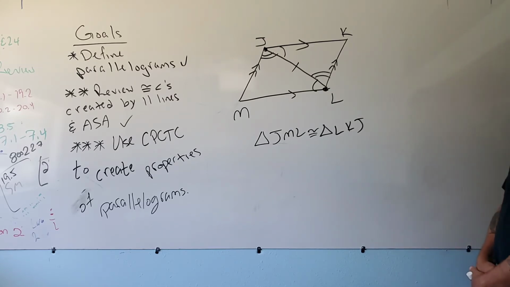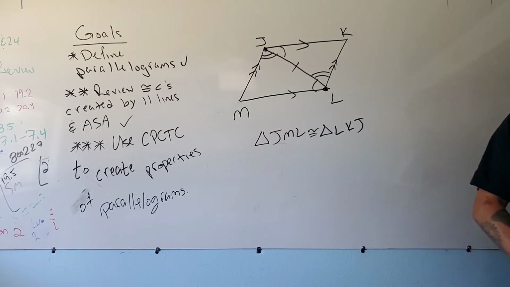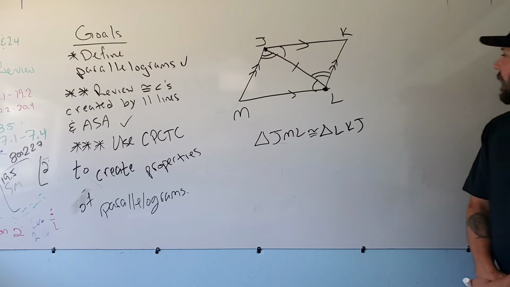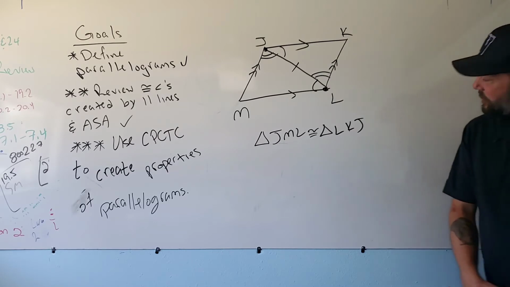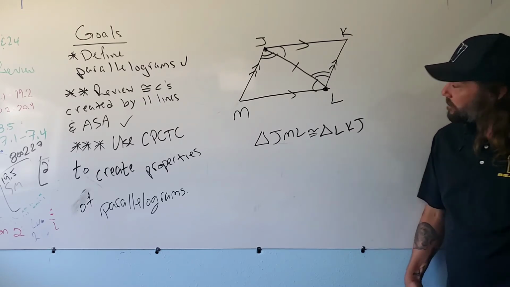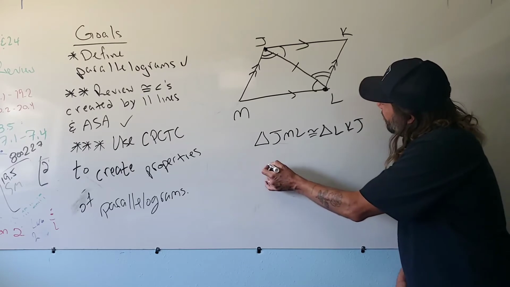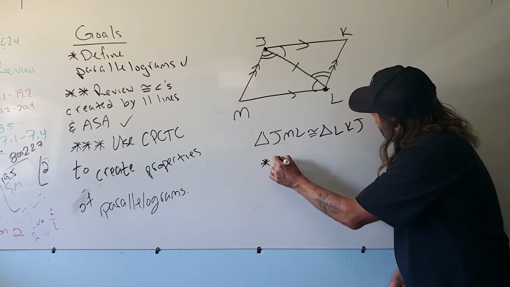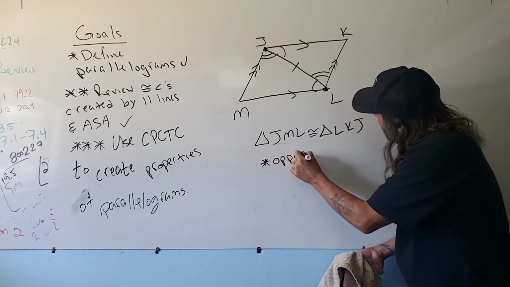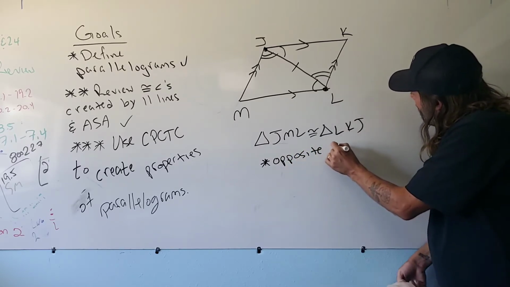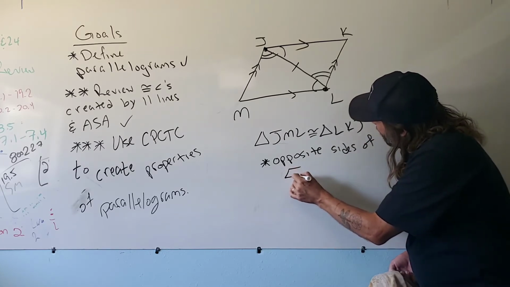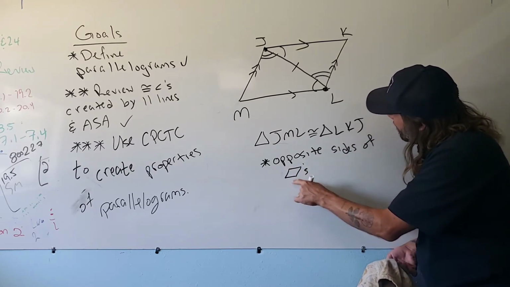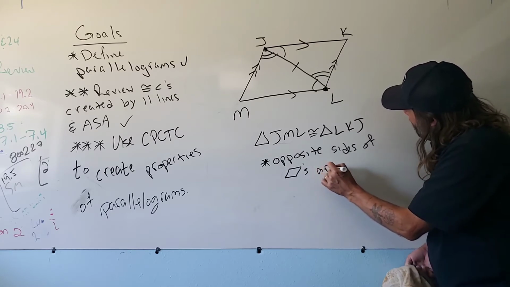Let's look at this here. So we're actually going to say three properties here. The first property is that I'm going to be able to claim or argue that opposite sides of parallelograms are congruent. So that's the very first thing we're going to see. Remember, that's our symbol for parallelograms, so opposite sides of parallelograms are congruent.